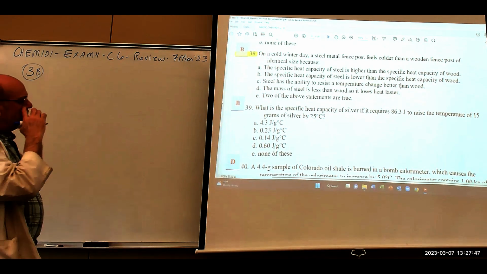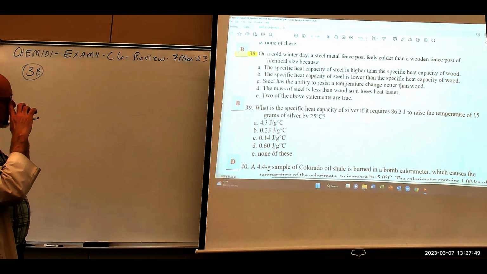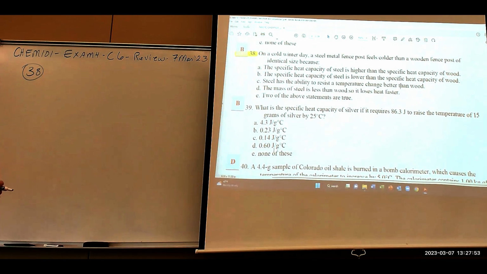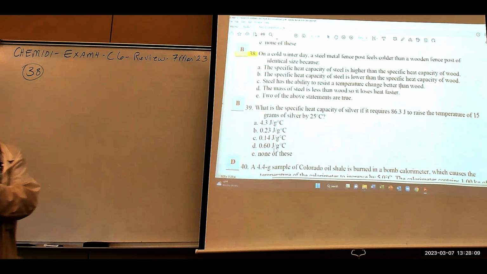On a cold winter day, a steel metal fence post feels colder than a wooden fence post of identical size because... Why would it feel colder? We sense temperature change in the nerve endings in our fingers.